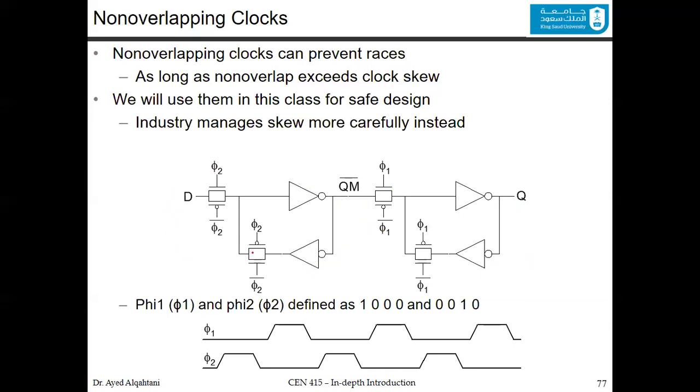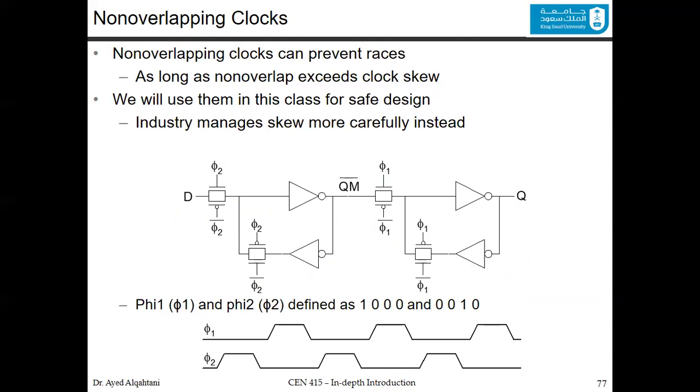Let the first latch work with a clock, let's call it phi 2. The second latch works with a completely different clock, which is phi 1. This means that we need to work on the design. It's not going to be the exact way of designing things that you studied in logic design. The design would be slightly different. You need to think about it a little.